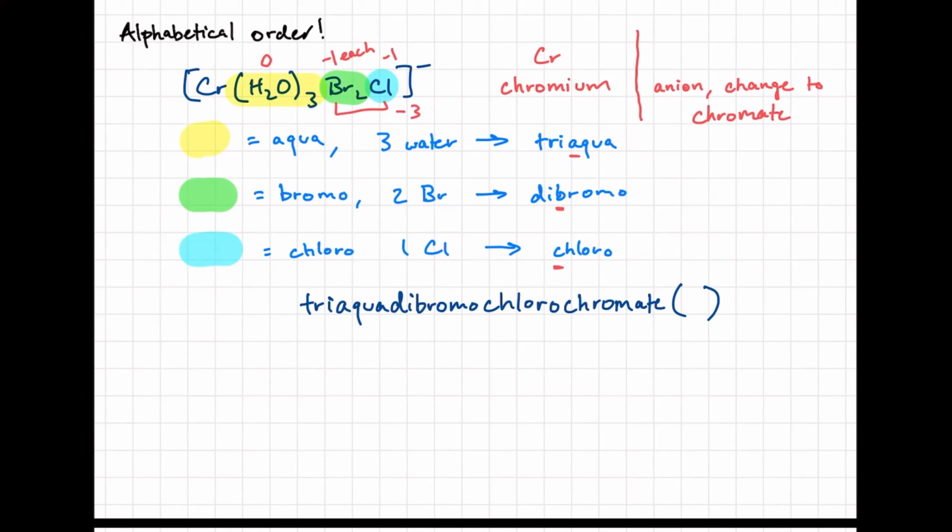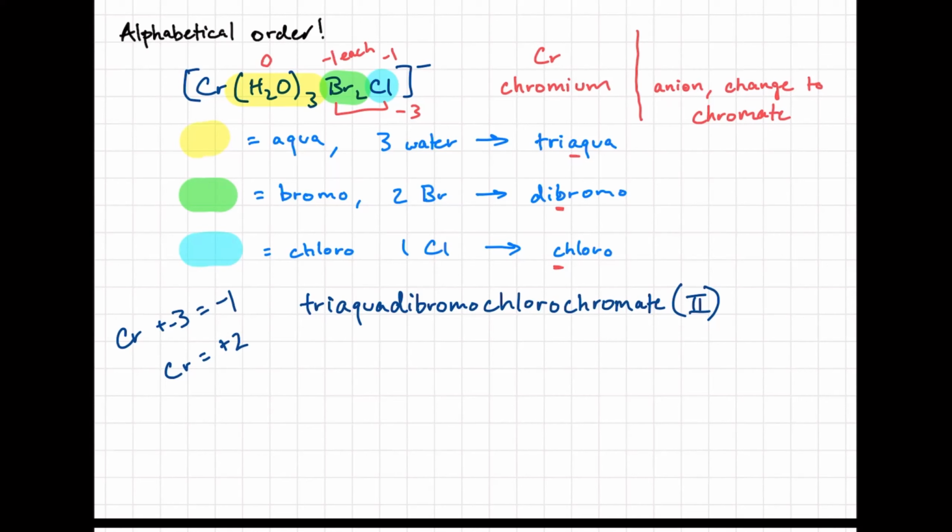If we're looking at the entire complex, however, the overall complex is negatively charged. So in my head, I'm thinking something plus a -3 equals -1. So chromium must equal +2. And you would just throw it in there.